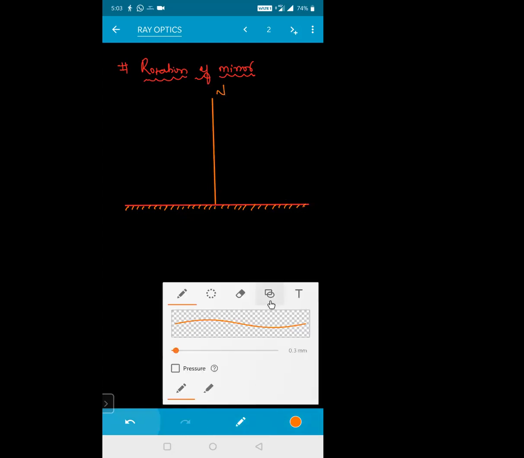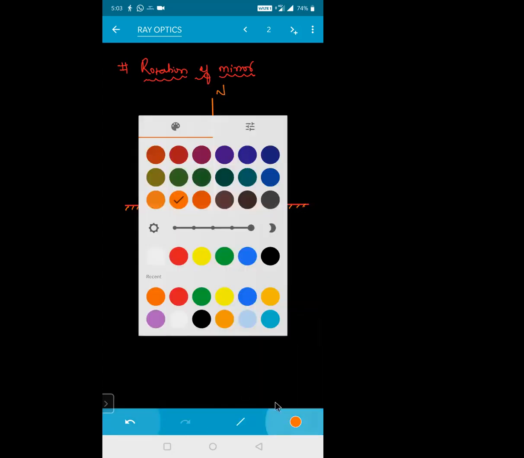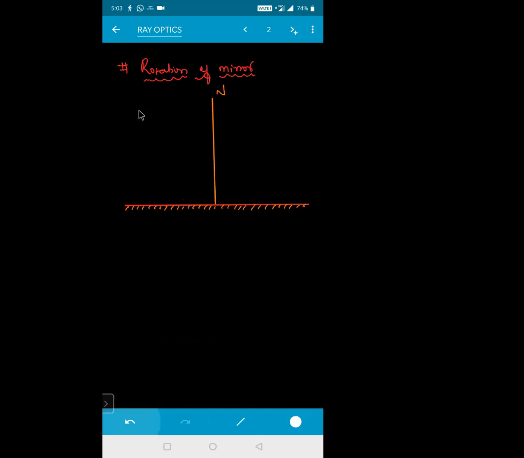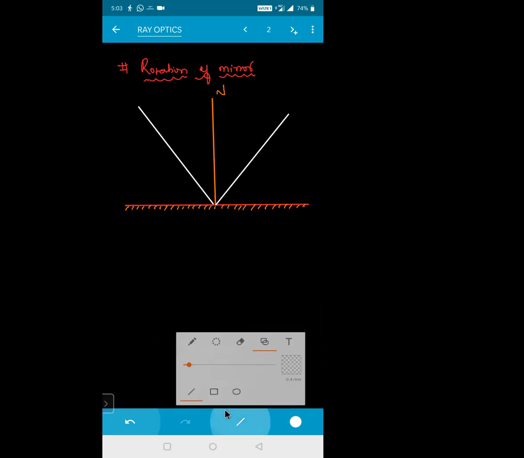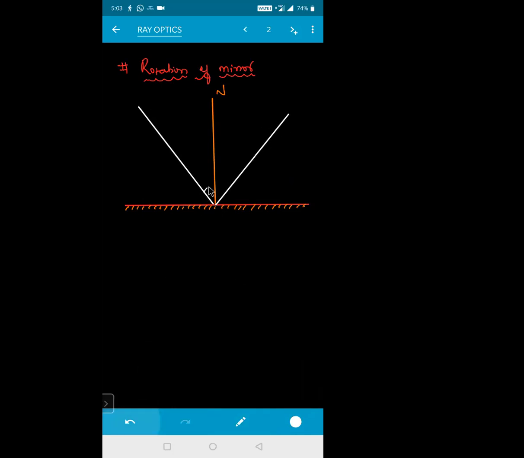A ray of light will be incident on this one. See here right now, like this. A ray of light is being incident on this one like this. With whatever angle it is incident, with the same angle it will be reflected. That angle I'm taking as the angle of incidence i, and this one is also the angle of incidence i. So this is your incident ray and this is your reflected ray, and this one is fixed.